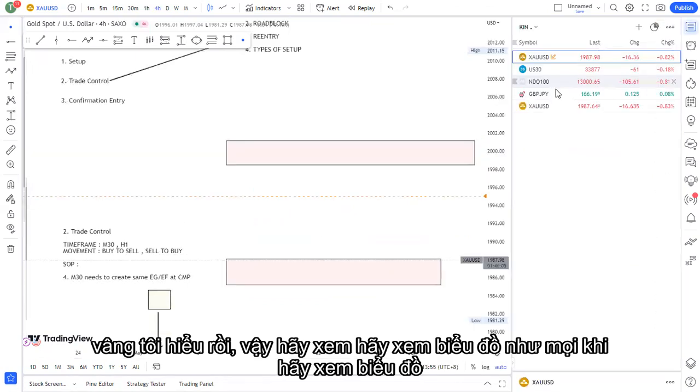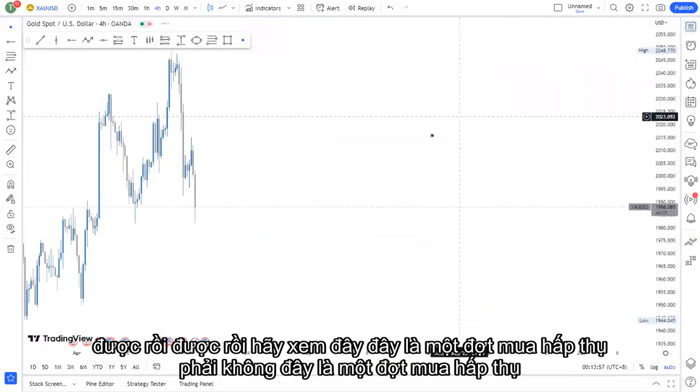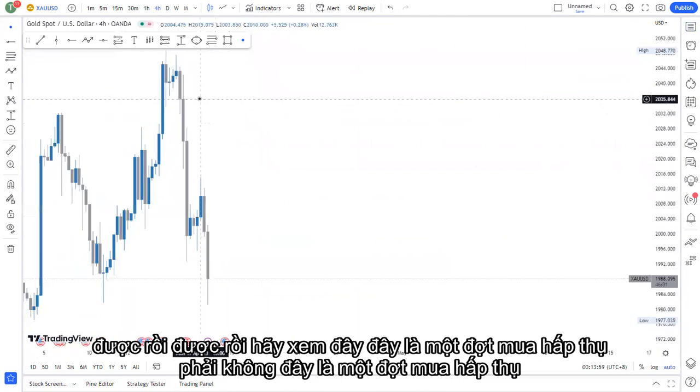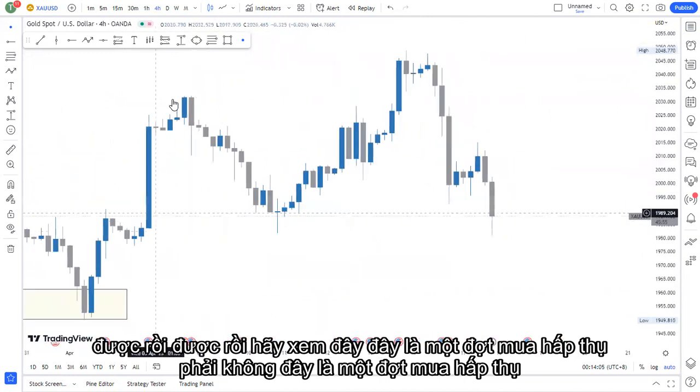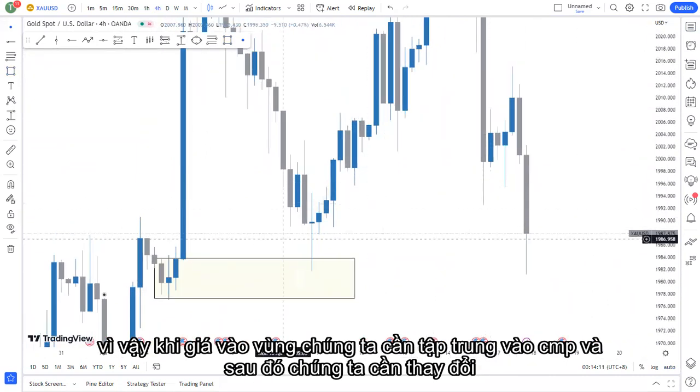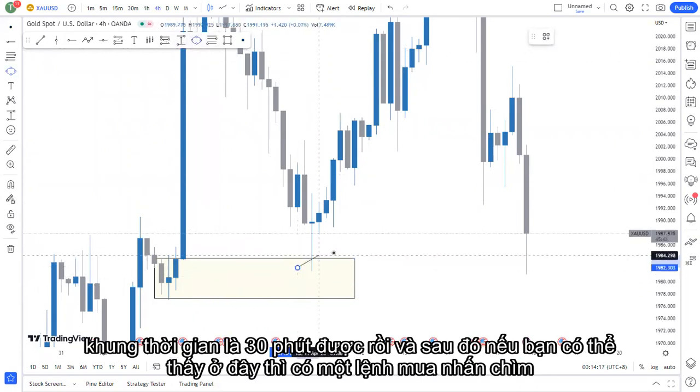Like always, let's see the chart. This is an engulfing buy, right? So when the price gets into the zone, we need to focus on the CMP, and then change the time frame to 30 minutes.